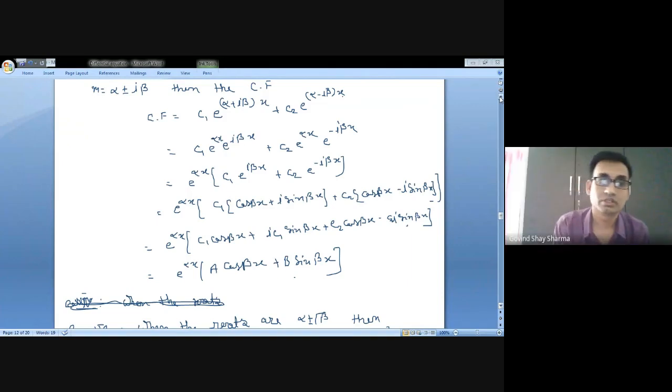We take it common and find c1 e to the power iota beta x plus c2 e to the power minus iota beta x. And e to the power iota beta x we can write as cos beta x plus iota sin beta x. So segregate the terms, arrange the terms, and we find a cos beta x plus b sin beta x.